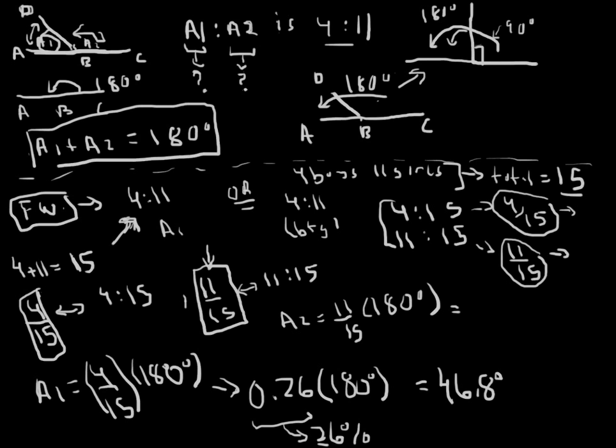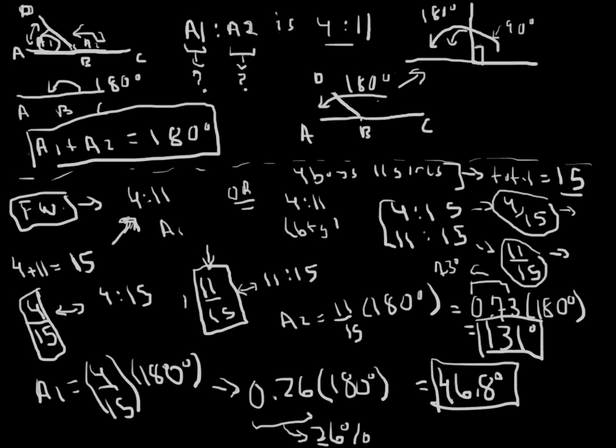Same thing with A2. 11 over 15 is 0.73 times 180 degrees. So A2 comprises 73% of the total straight line angle, which is 180 degrees. Punch that in your calculator, 0.73 times 180, and you get 131 degrees.